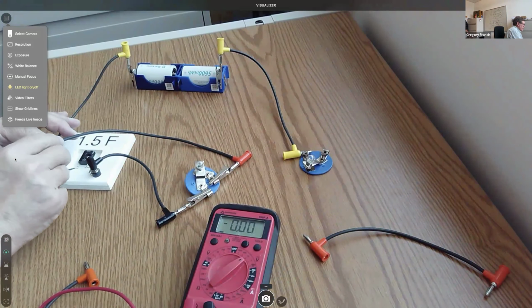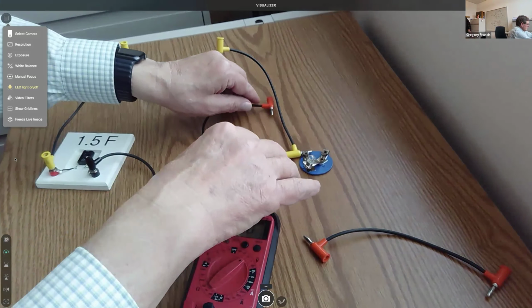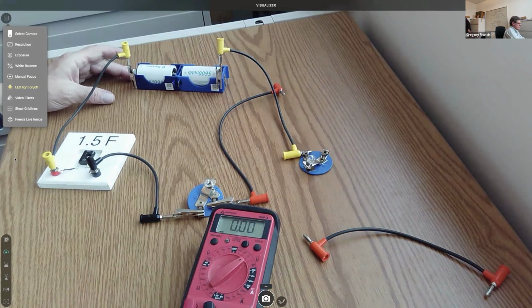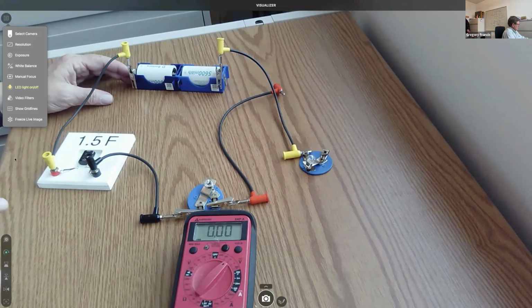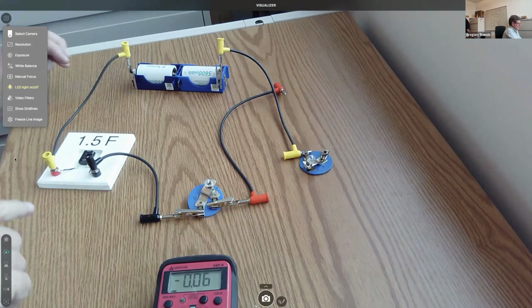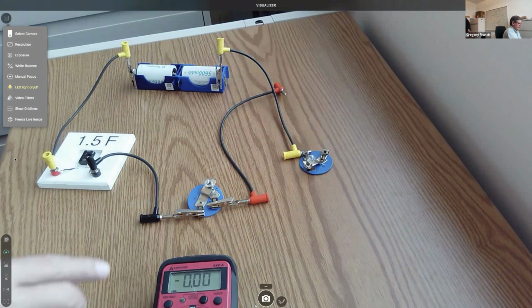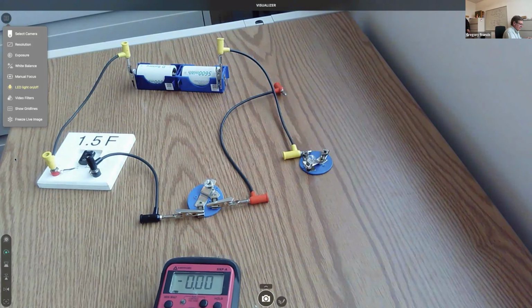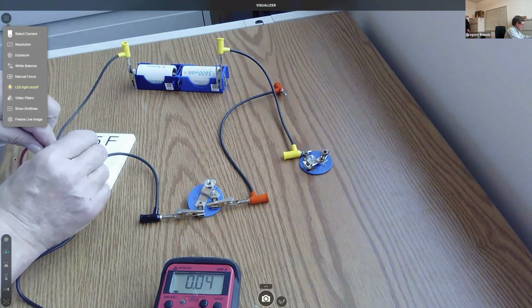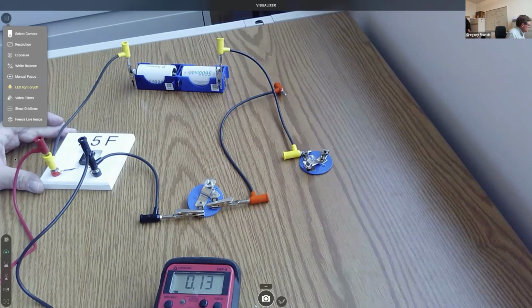Now we have an empty capacitor, and that goes to the first bulb and then to the second bulb and then back to the battery. I'm going to put the leads of this voltmeter across the capacitor. And what we see is that it's almost zero.